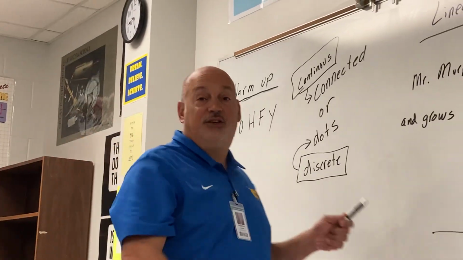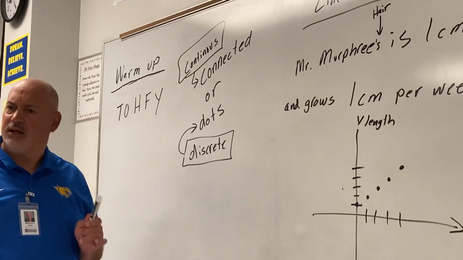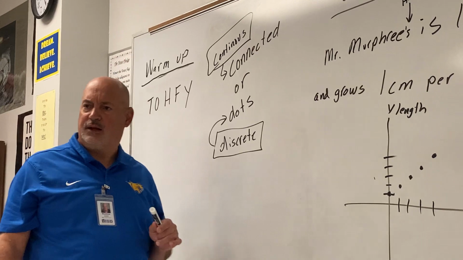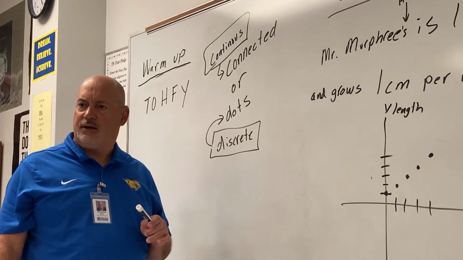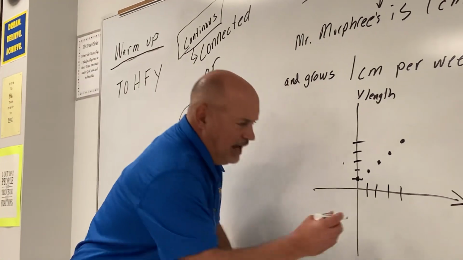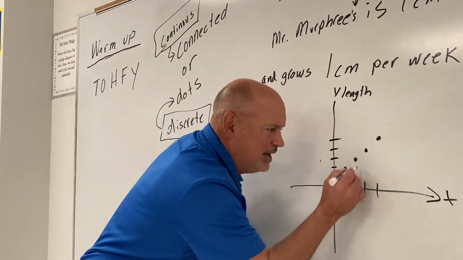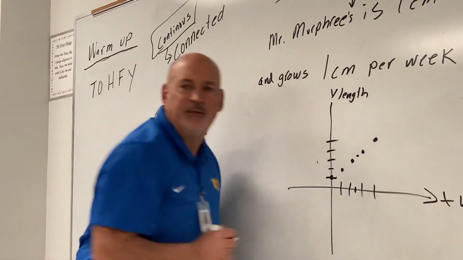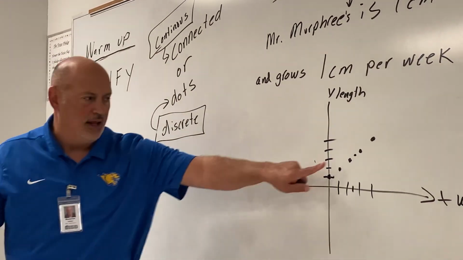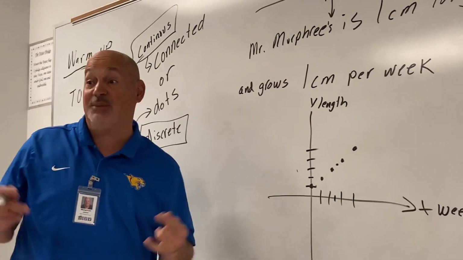All right, question. Do I need to connect this graph? Yes. Why? Because your hair grows a little more, and you can have more or less than 1 centimeter. Okay, so at 2.5 weeks, can we measure Coach Murphy's hair? Yes. Will it be in between 3 and 4 centimeters? Yes, hair can be decimals.